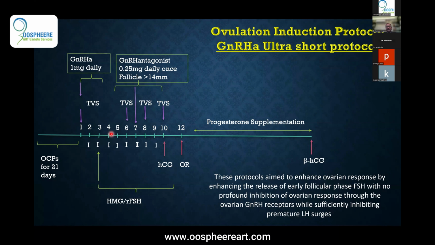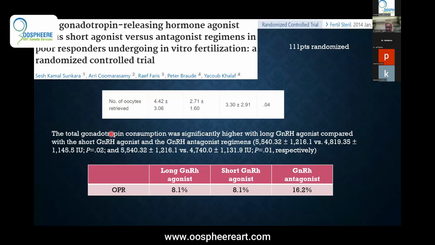If you ask me, sir, what is the best protocol, we'll definitely understand. This was a randomized control trial in 2014. 111 patients underwent different protocols. One group underwent long GnRH agonist, one group underwent short GnRH agonist, and the third underwent GnRH antagonist protocol.